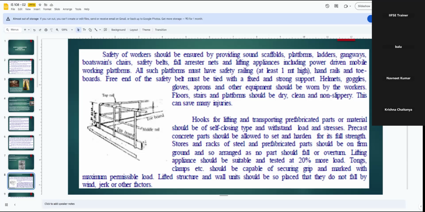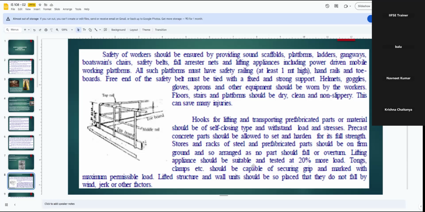Stores and racks of steel and prefabricated parts should be on firm ground, so arranged that no part falls or overturns. The prefabricated material or structures should be racked on firm ground, which means it will be properly rammed. It will not sink or penetrate into the soil.